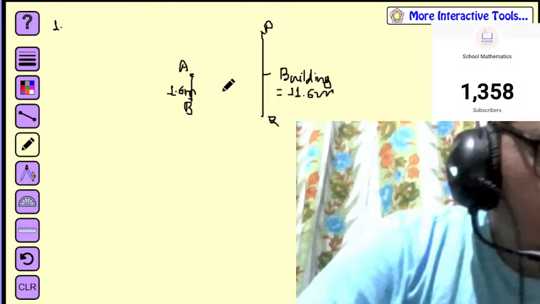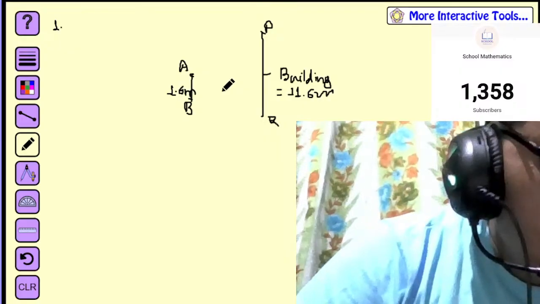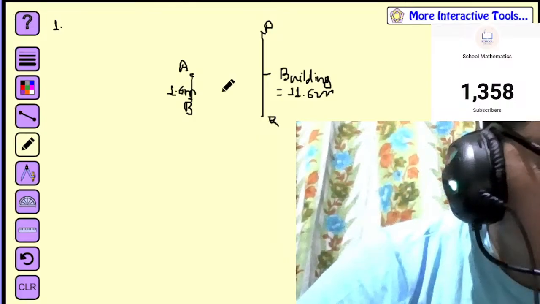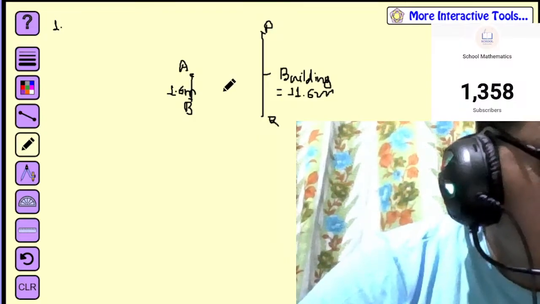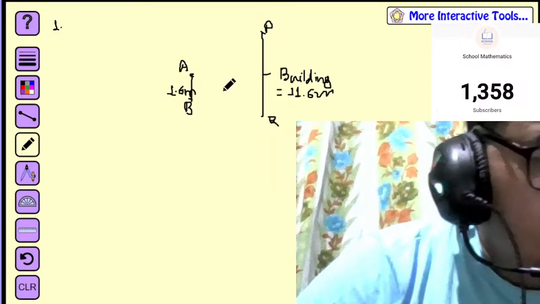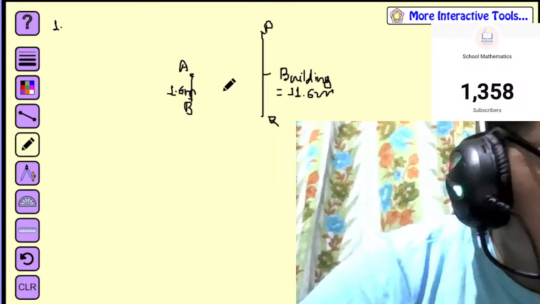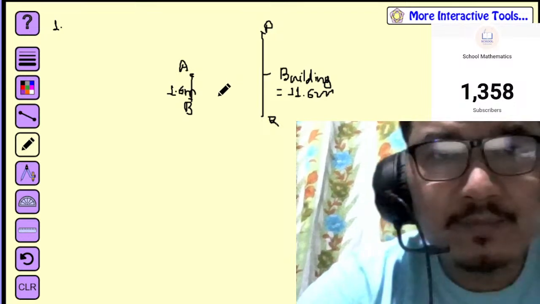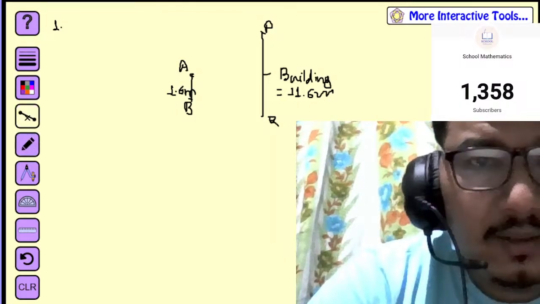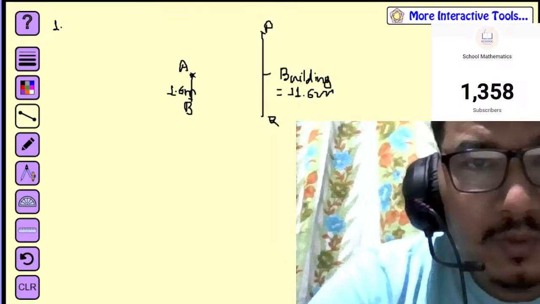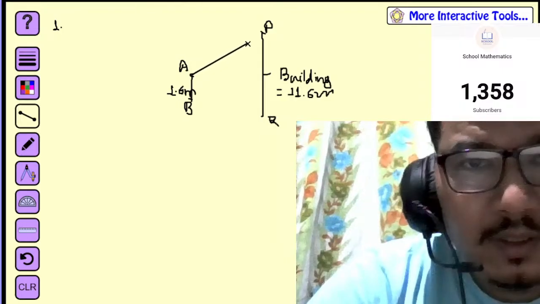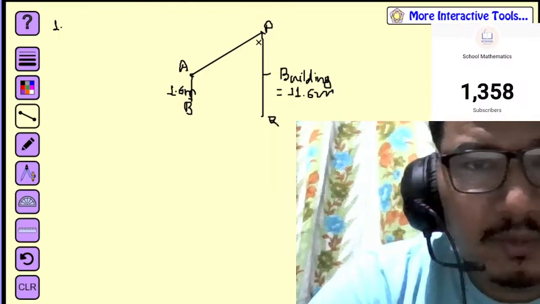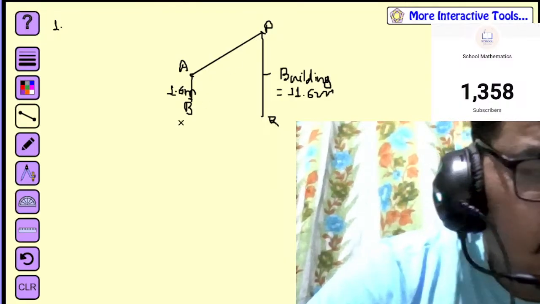And the question asks: write the name of the angle formed by the line of sight AP with the horizon line AR. Suppose one line is drawn here from A to P. This observer observes the top of the building, right?